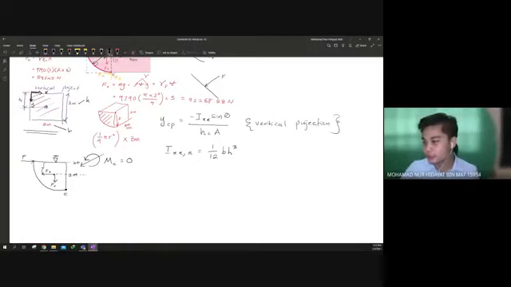All right. So YCP is equal to negative 1/12 B, which is 3 meters, multiplied by 2 cubed, sine 90. Because why 90? Because this is the surface.